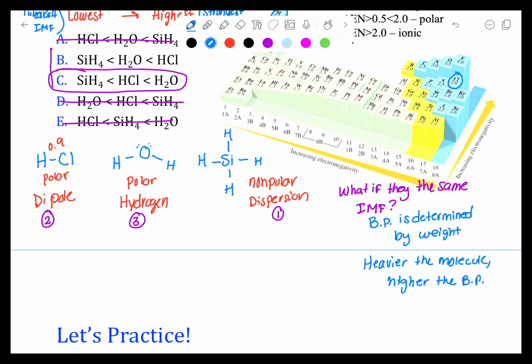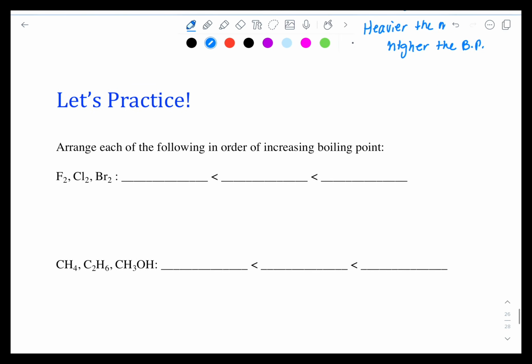Okay, so let's do a little bit more. What I want you to do for these two examples is arrange them in order of increasing boiling point, so lowest to highest.